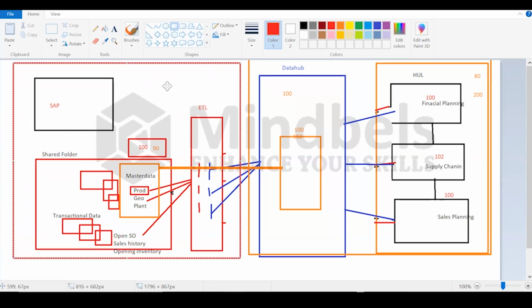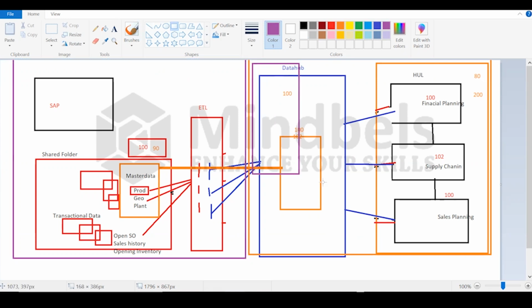See, until here, who is responsible? The HCL people will be responsible. From here onward is our responsibility. So they need to provide the data for us. In between there is the ETL connector, which is also provided by the client.